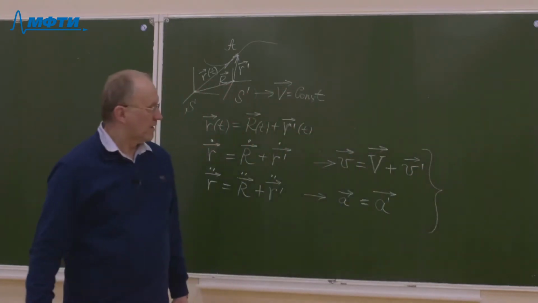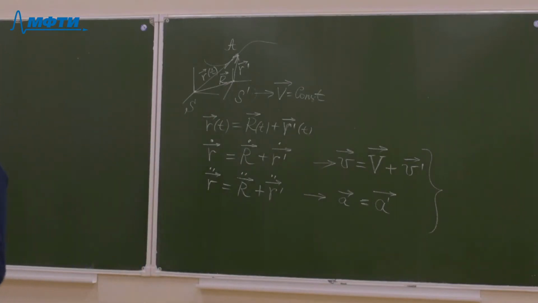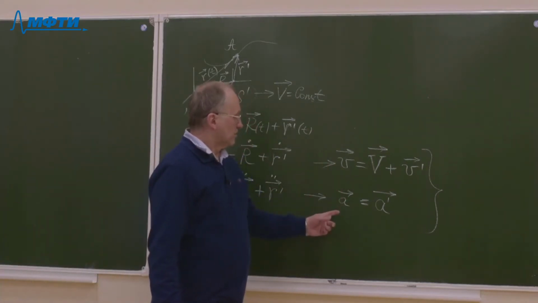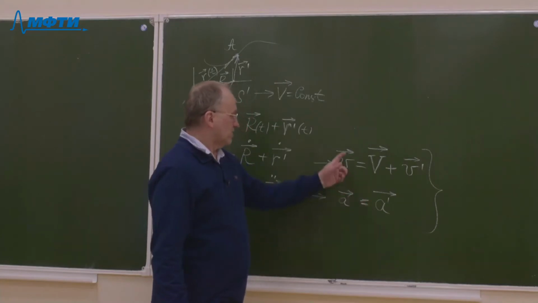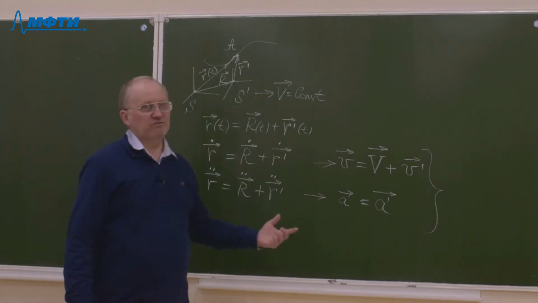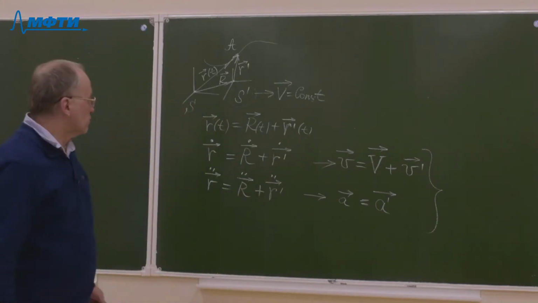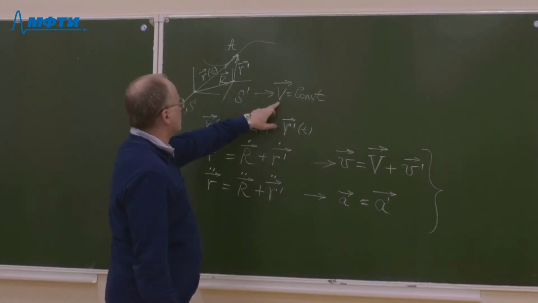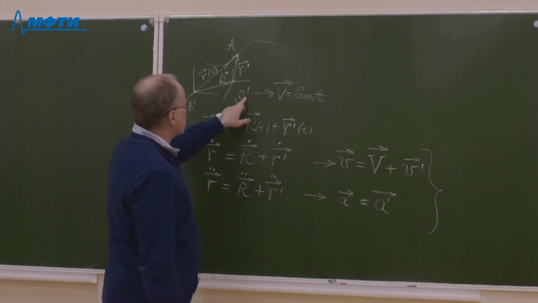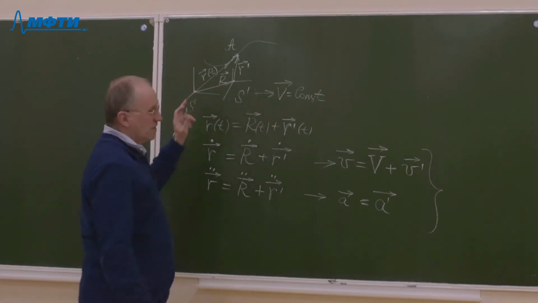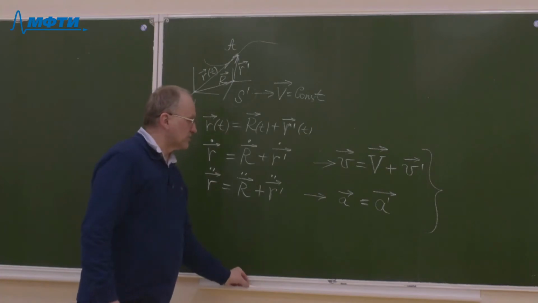These two equations are called a Galilean transformation, which are valid when you go from one reference system to another reference system if the second reference system moves with constant velocity with respect to the first reference system.